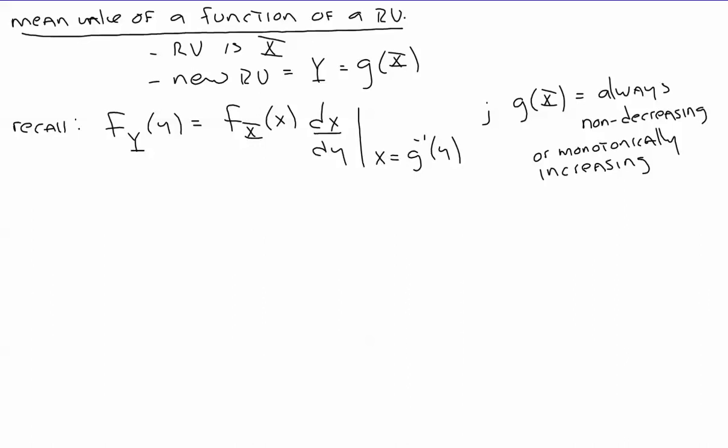All right. The result that I'm going to come to in just a minute is going to be entirely general, but it's easiest for me if I do the following analysis, assuming that my transformation function g is always non-decreasing. That allows me to throw away the absolute values around the derivative of x with respect to y.